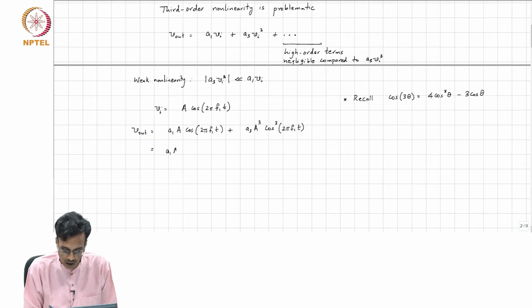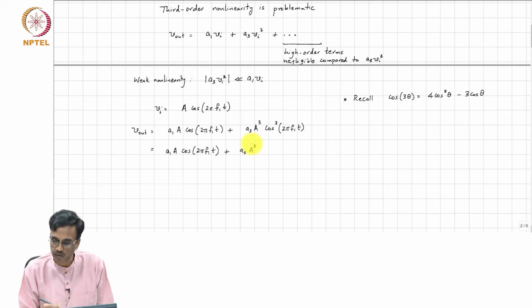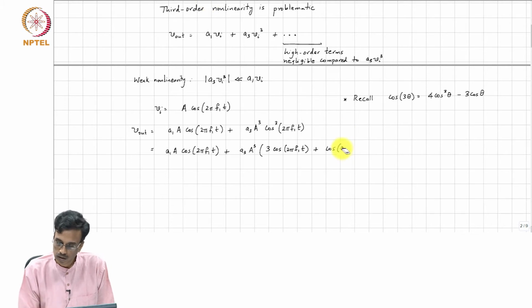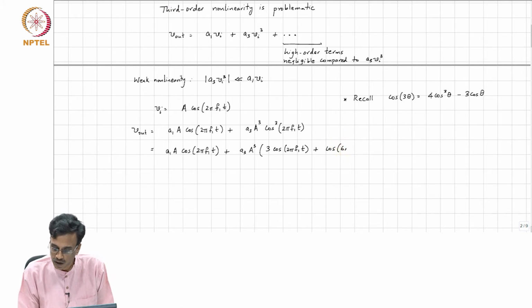So, this is basically A 1 A cos 2 pi f 1 t plus A 3 A cube times 3 cos 2 pi f 1 t plus cos 6 pi f 1 t divided by 4.